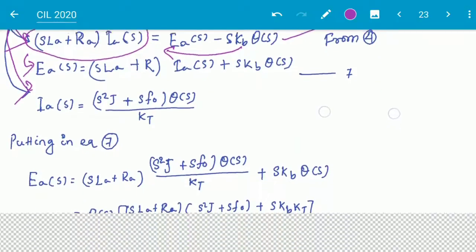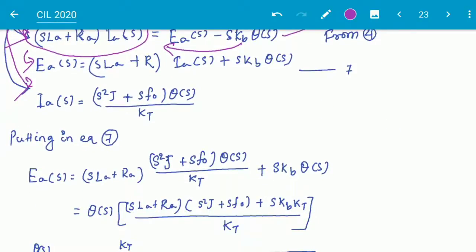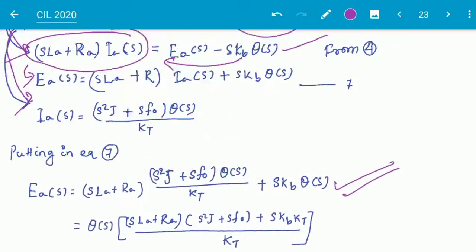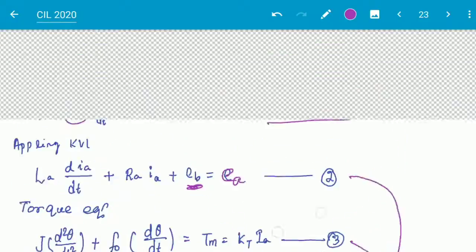So putting in equation 7 we get Ea s equal to this much, and if we calculate then we get theta s by Ea s is equal to Kt by s whole into s La plus Ra whole into sJ plus F0 plus Kb Kt.